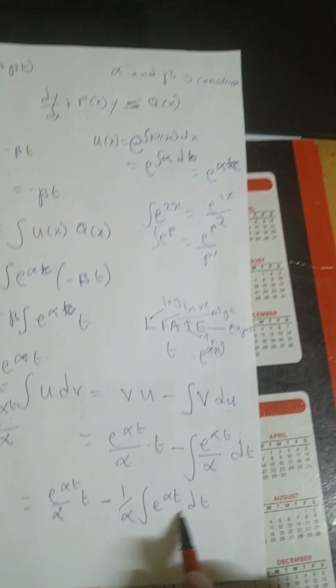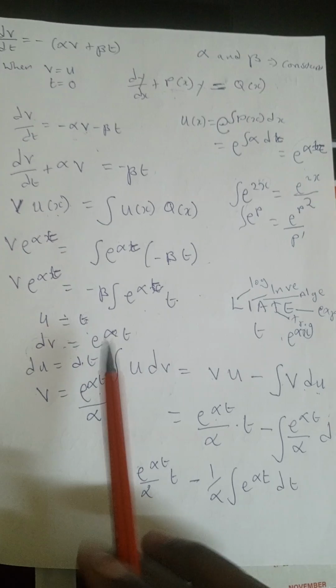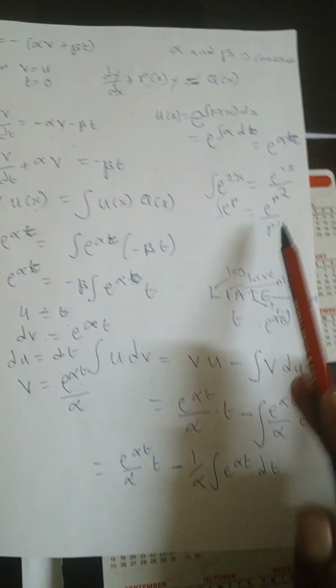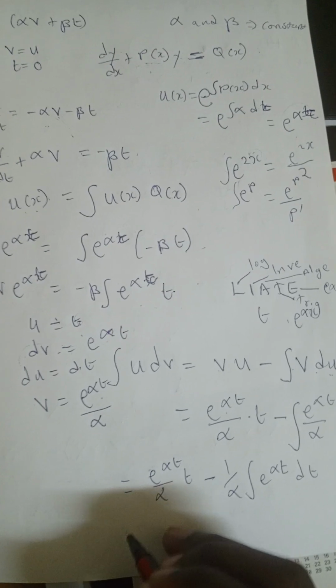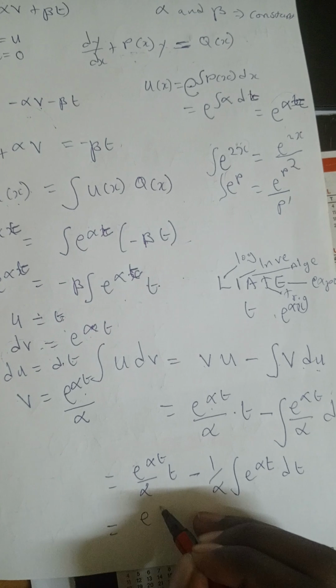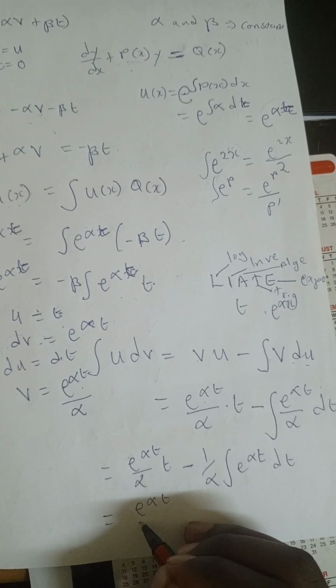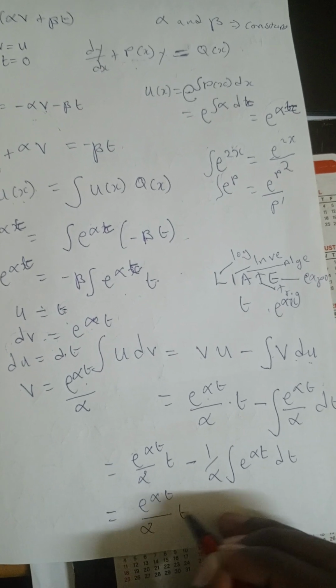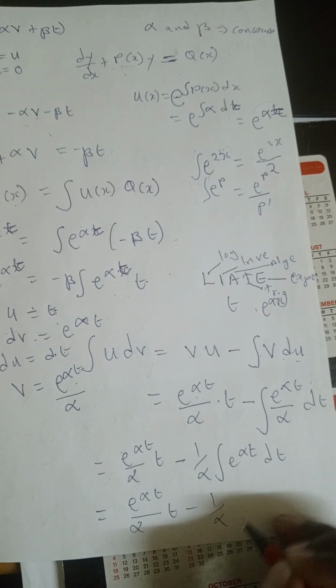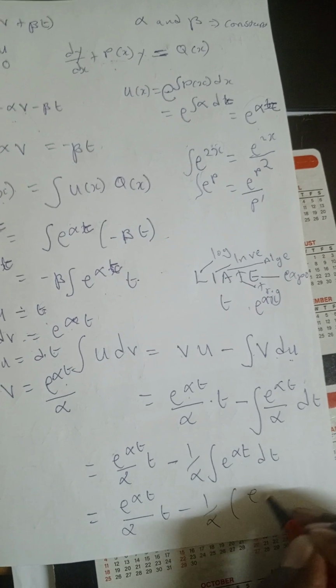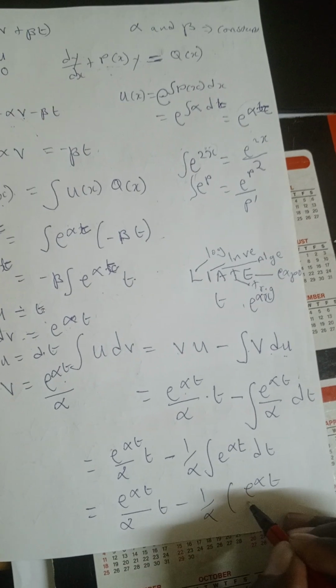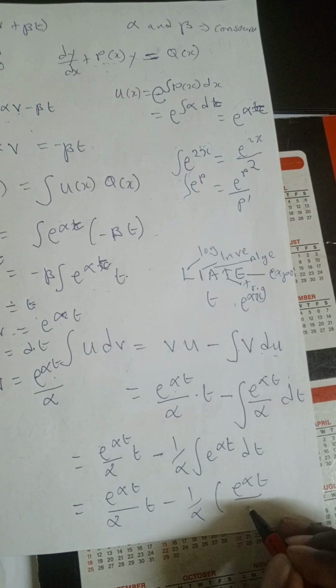So when we integrate this with respect to t, we're going to follow the same order we did when we were integrating that. So at last, it's going to turn out to be this 1 over alpha. This is the same as this.